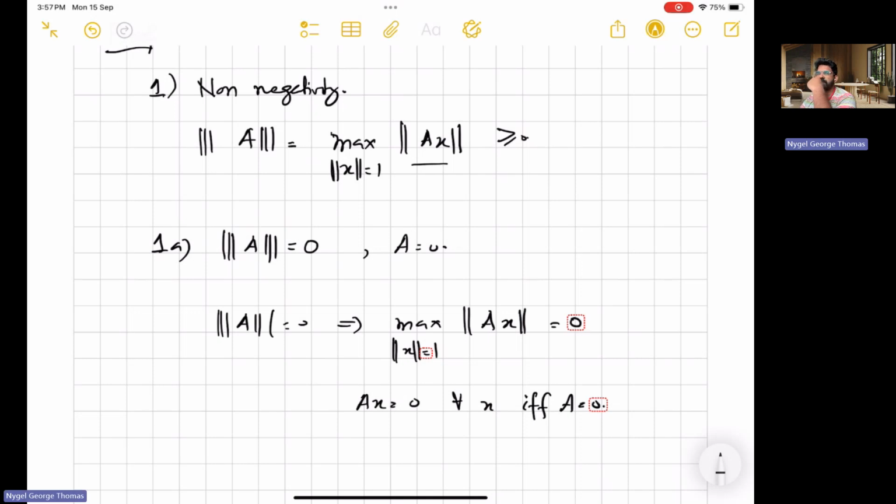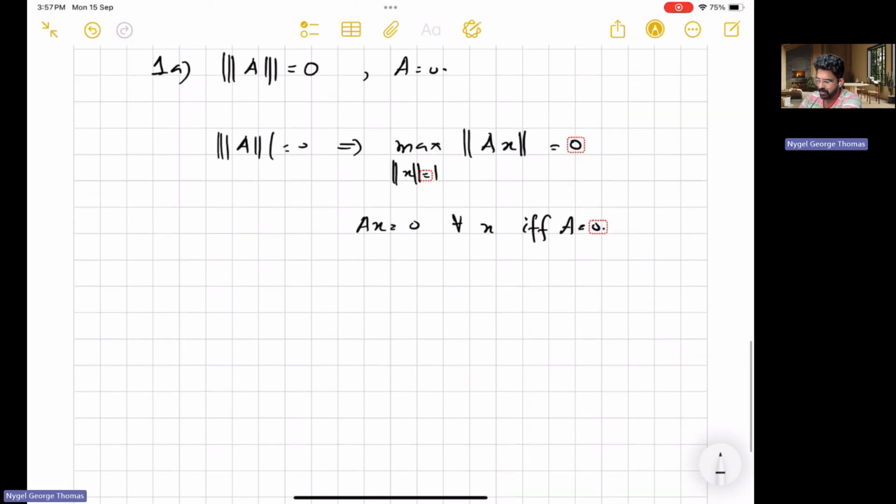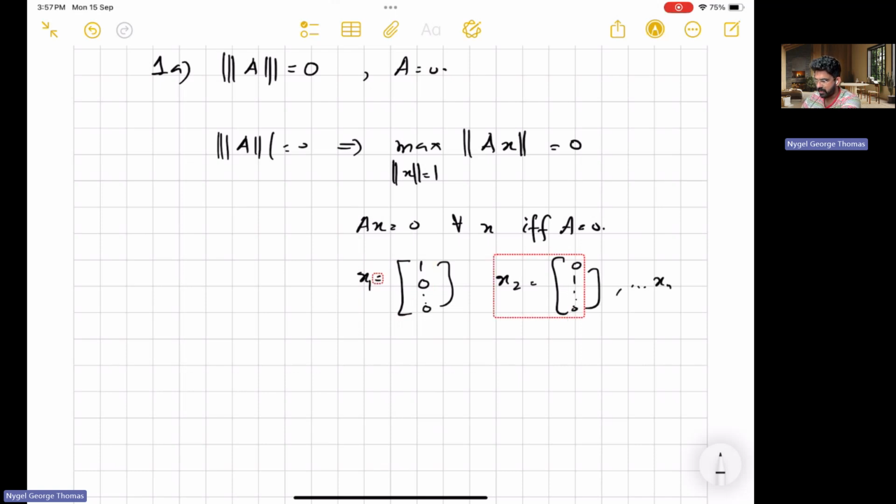One way is to take x as e_k, like (1, 0, ..., 0) as x1, (0, 1, 0, ..., 0) as x2, and so on, up to xn as (0, ..., 0, 1).